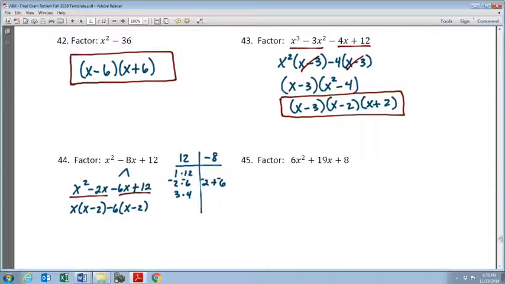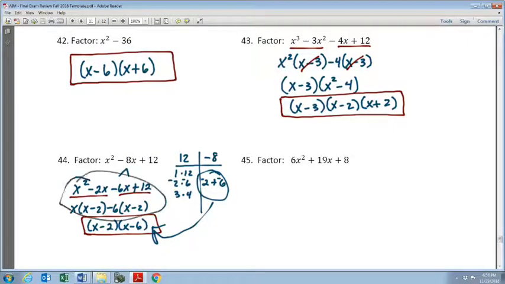Negative 6 times negative 2 gives us the 12. So I end up with x minus 2 times x minus 6. So again, you can see we had the factors negative 2 and negative 6 that we could have put in here directly. So these 2 steps here were actually optional. But if you don't see that, for some people it's easier to just do things the long way every time.